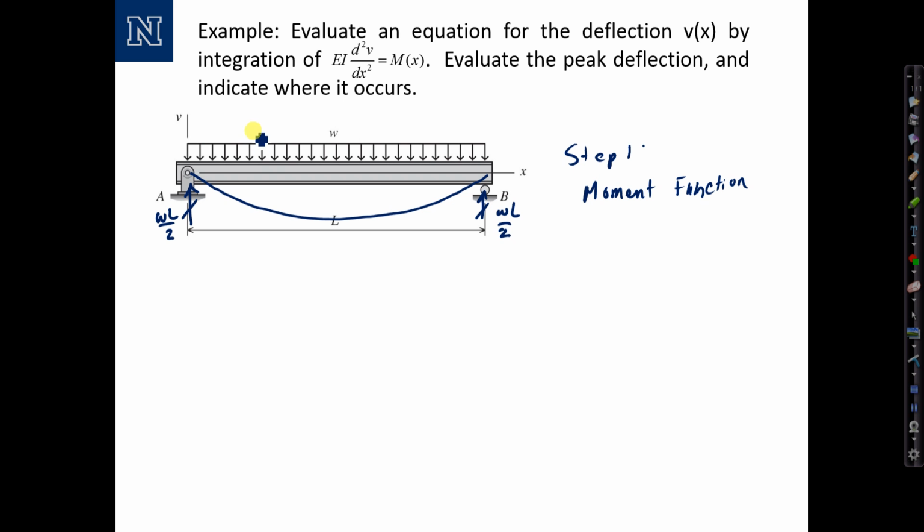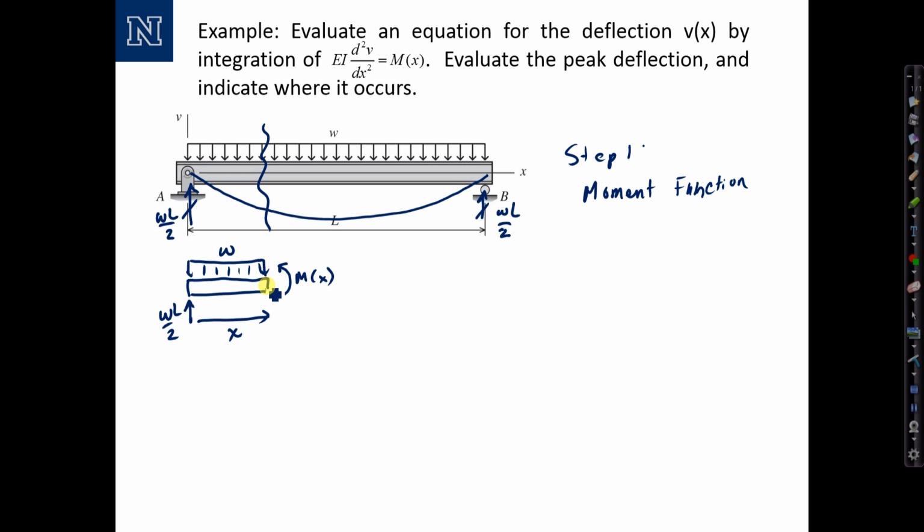To find the moment function, we make a cut somewhere in the middle of the beam. We draw a free body diagram of the left side of the cut. We show the distributed load w and the reaction wL over 2. The distance is x because we're solving for the moment as a function of x, and we'll draw the unknown moment M of x in the positive direction.